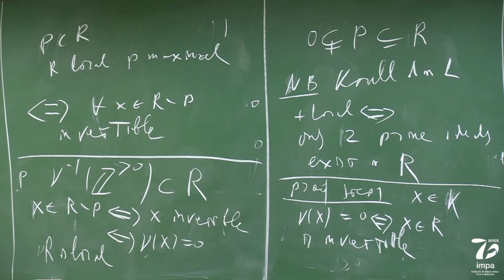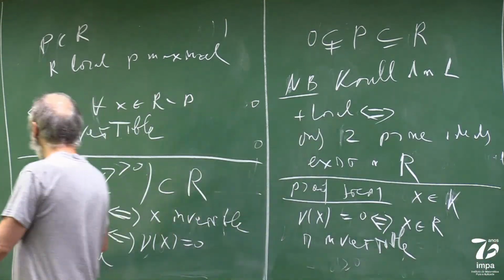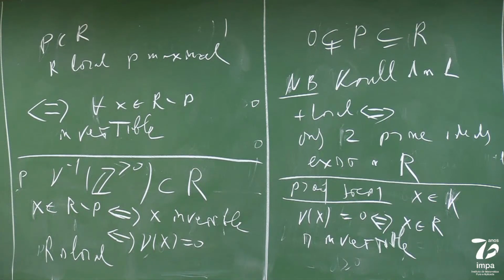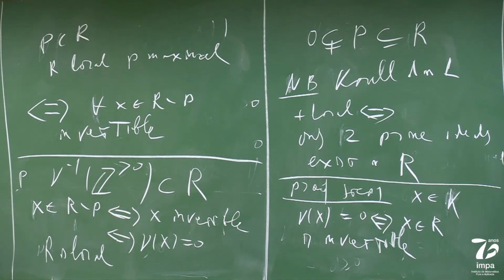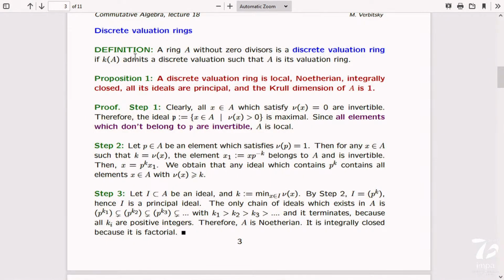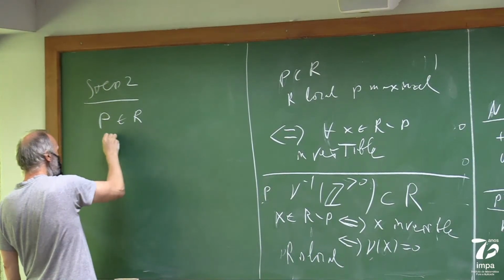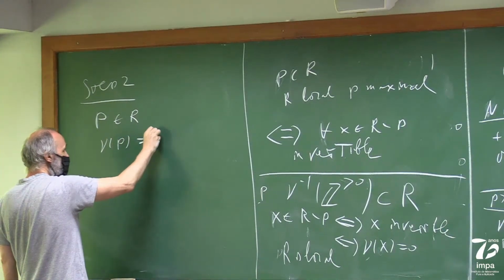Now we take a generator. We know that by definition, nu is surjective. So this was step 2: take p in R such that nu of p is 1.